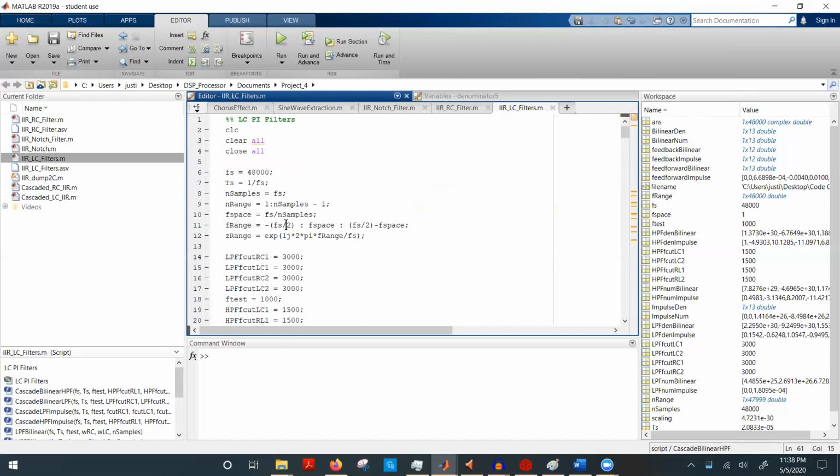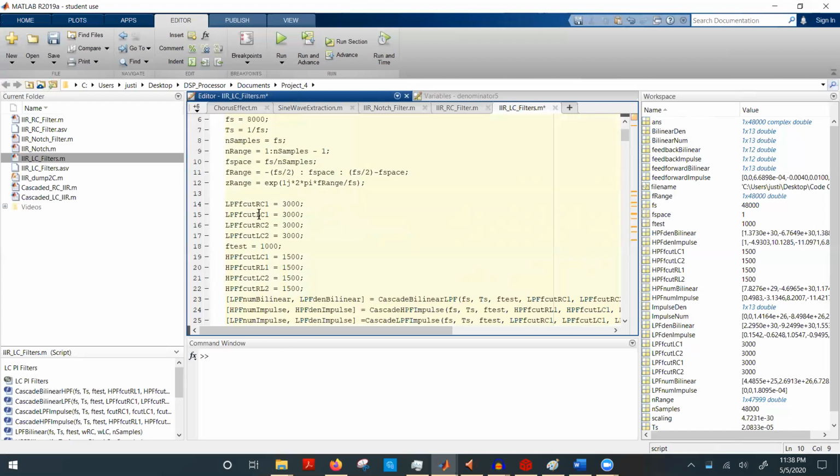All right, so we're over here. I'm going to change this to 8,000. Just like with the cascade RC filter example, I'm going to have a bandpass filter with a high cutoff frequency of 3,000, which is controlled by the low pass filter, and a lower frequency of 1,500, which is controlled by the high pass filter.